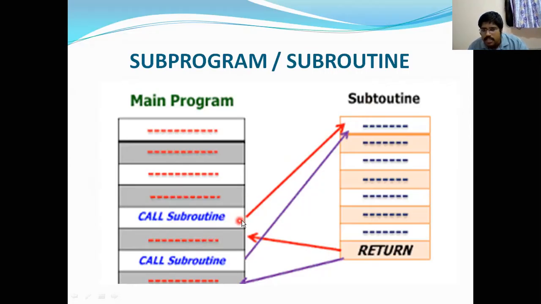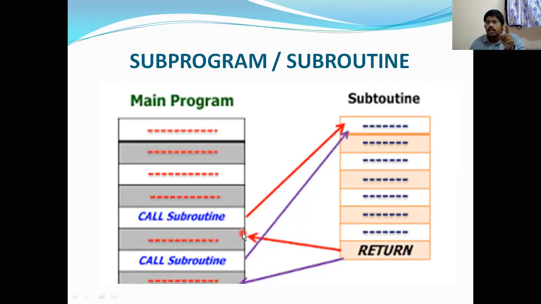Before transferring from here to the subroutine, it will store the address of the next instruction.